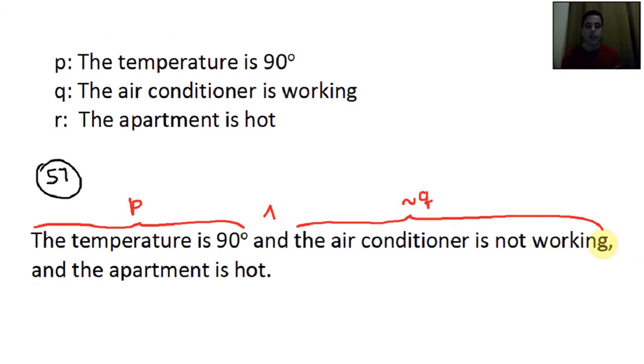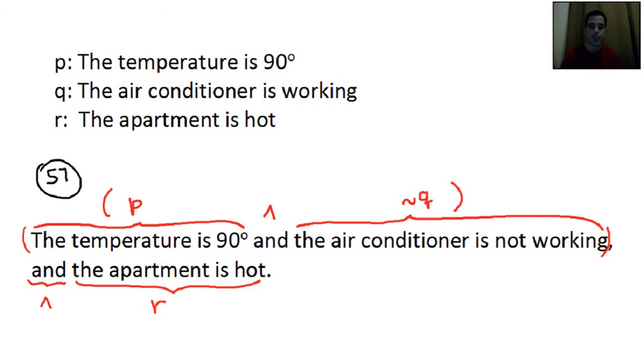The comma separates the previous sentence from the last sentence. It's still connected with the word and, but the comma means that these two statements form a group. So we put a group here with parentheses, then the and, and the apartment is hot, that's R.